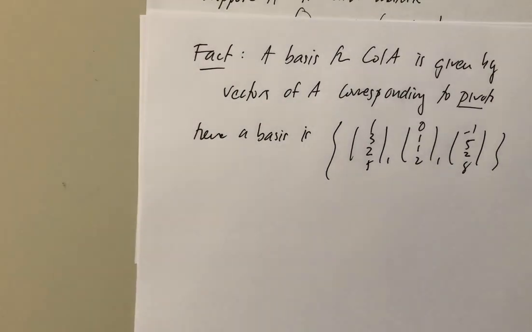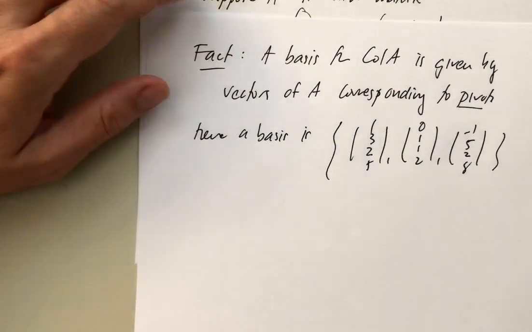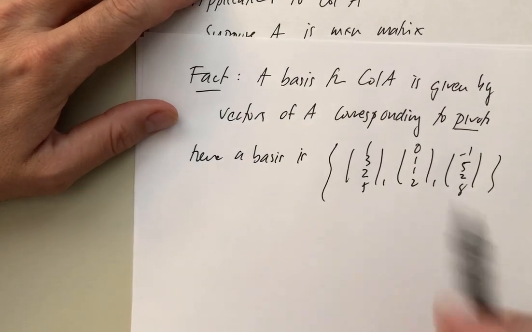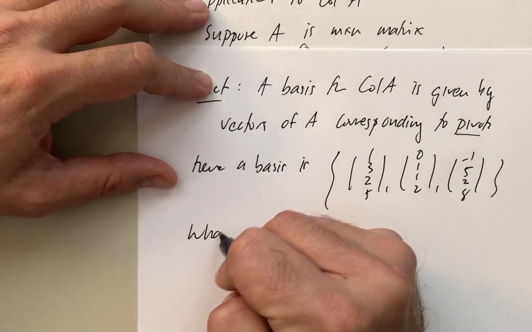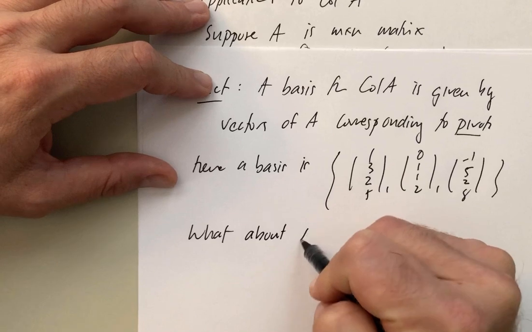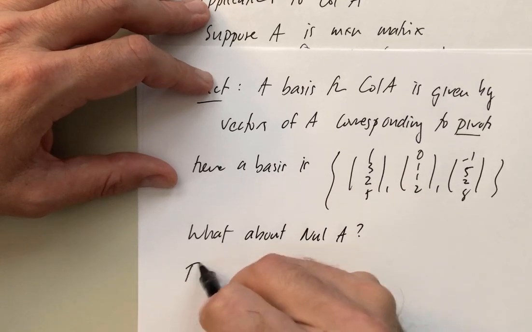Okay, so just while I'm here to wrap up, we can also get a basis for the null space. So let me just say, what about the null space of A? And here's the next fact.